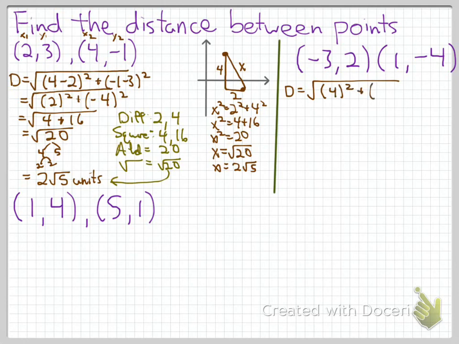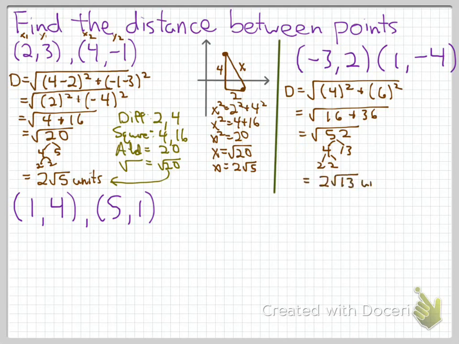And then 2 to negative 4 is 6, that'll be 6 squared. I get 16 plus 36, which is 52. And then 52 is 4 times 13, which is 2 and 2, so we actually can move that down, and we get 2 root 13 units.